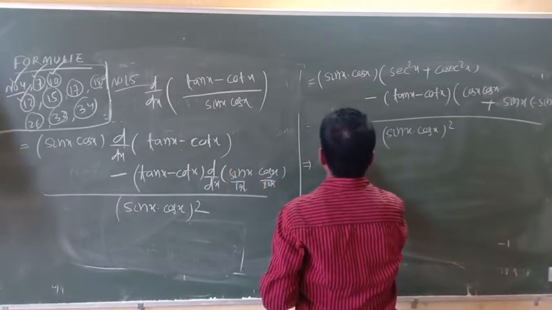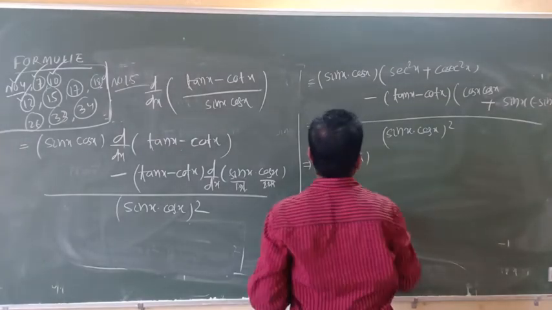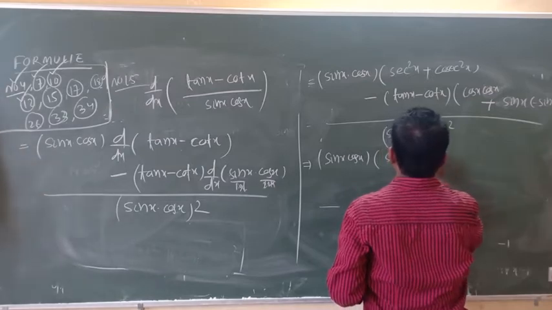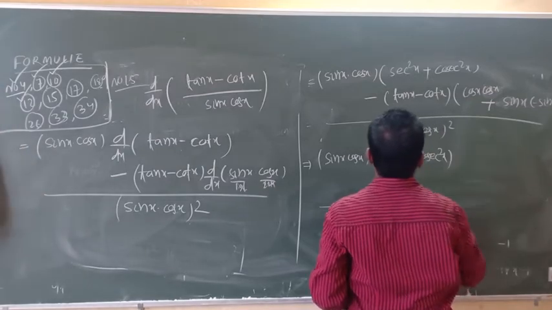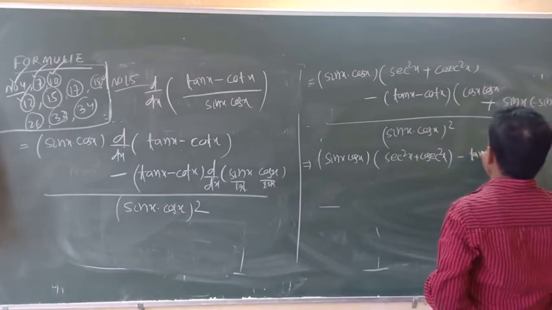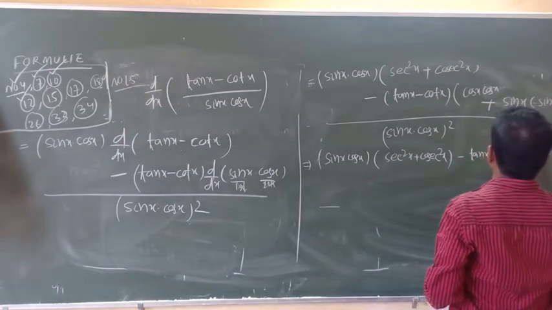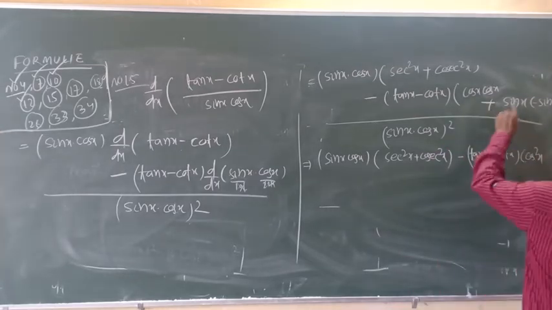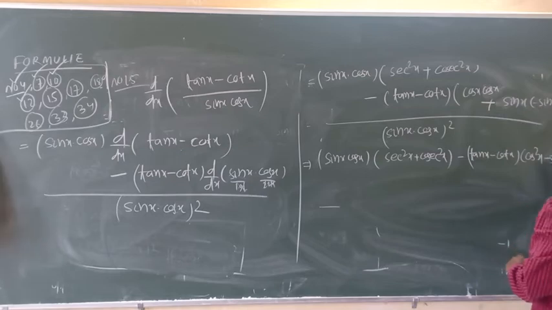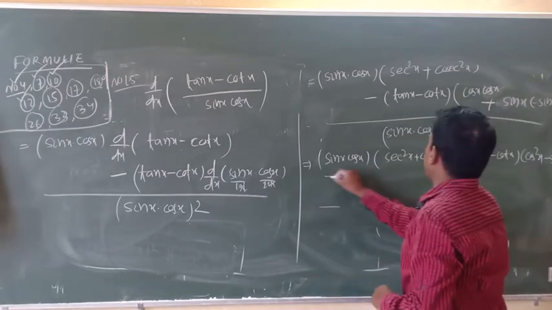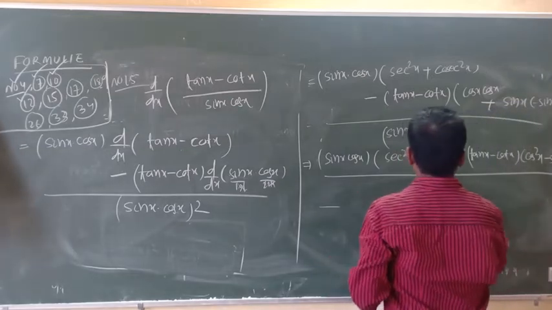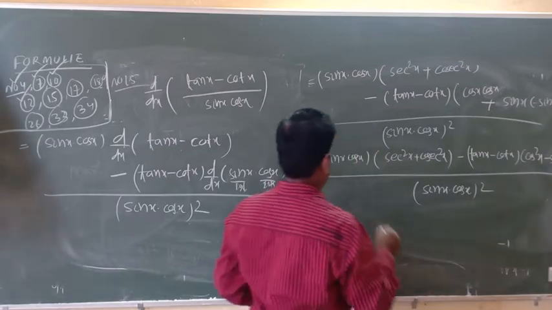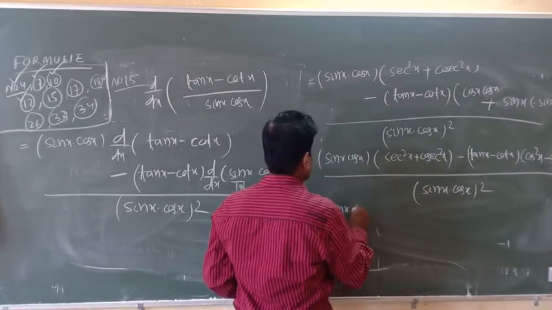Now it becomes sin x into cos x, it is sec square x plus cosec square x, minus of tan x, minus of cot x. Cos x into cos x is equal to cos square x, plus into minus of sin square x, divided by sin x into cos x whole square.